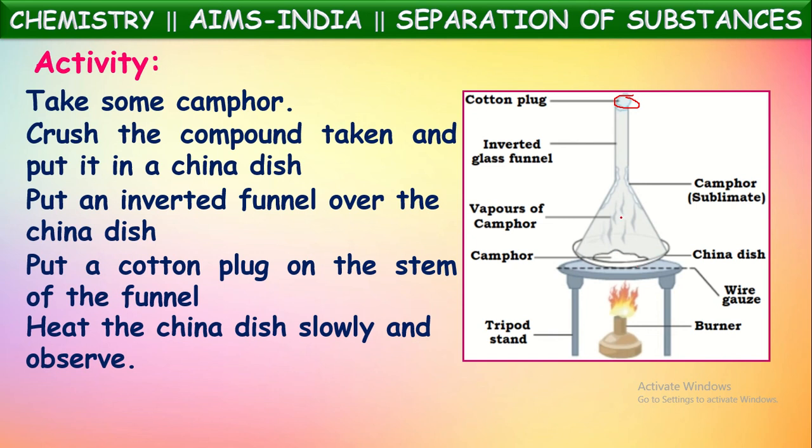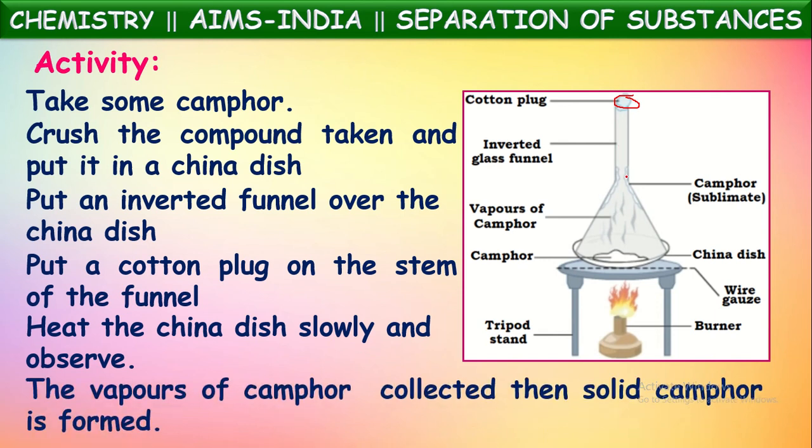Slowly, it will be converted into vapors of camphor, and these will move up into the funnel. When they touch the cooler parts of the funnel, immediately they will be converted into solid form. So solid camphor will be obtained, forming a layer on the inner walls of the funnel. So the vapors of camphor are collected, and then solid camphor is formed.